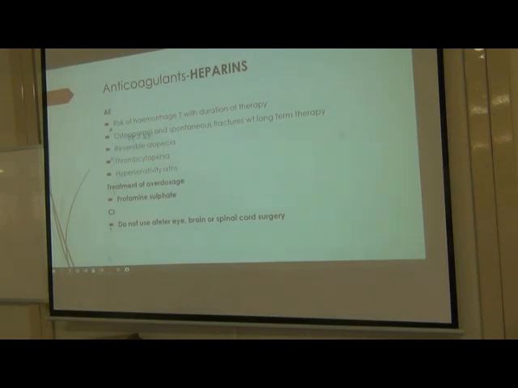So what are the adverse effects of heparin? Heparin increases the risk of hemorrhage. Okay, so if you thin the blood, if you stop coagulation, if someone is on heparin and they have a cut, they have an accident, what would happen to them? Excessive bleeding.